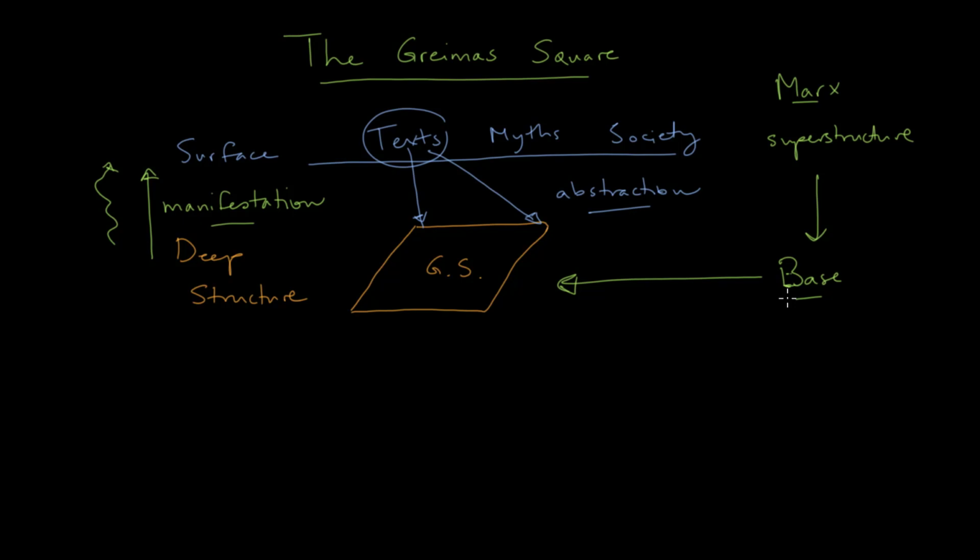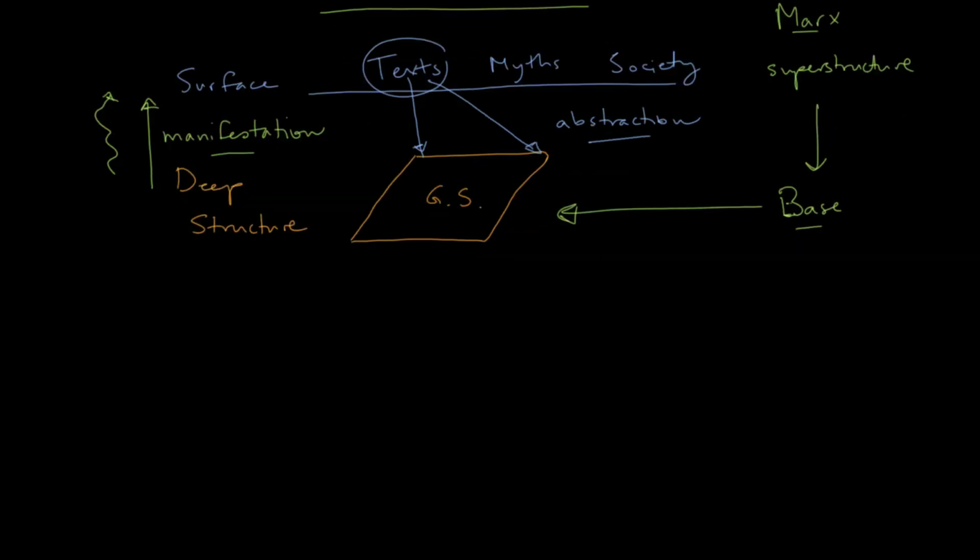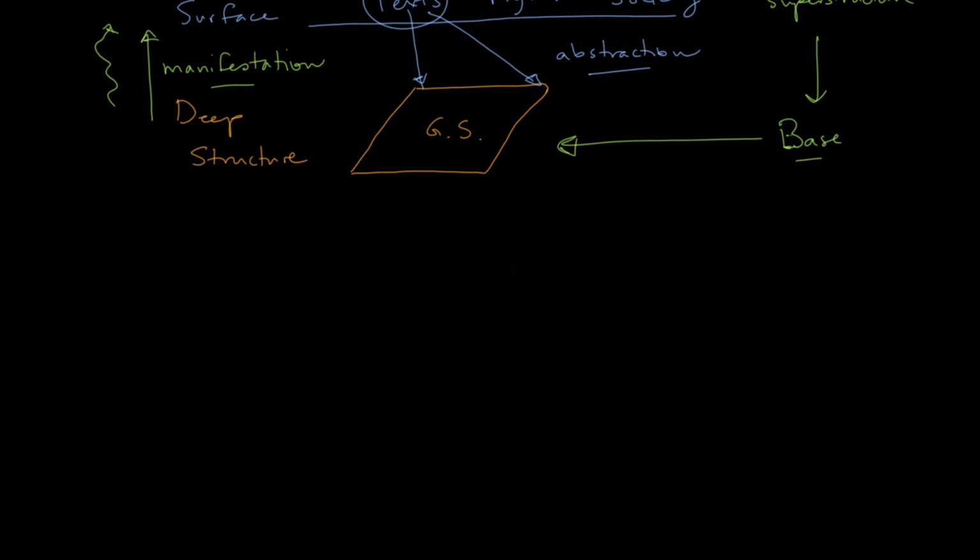Greimas does this a little bit because he talks about how this manifestation works. And he says, if you are an author, let's say, right? So let's pretend you're an author over here. There you go. You're the author. Then you're going to be part of society.